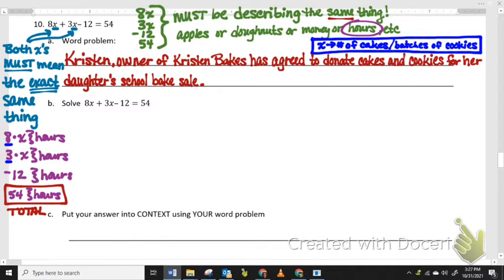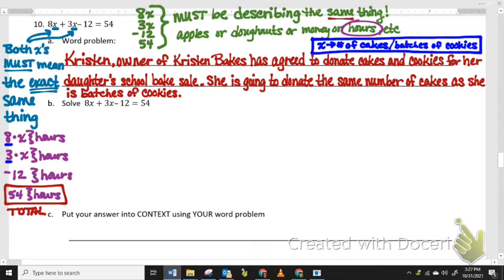She is going to donate the same number of cakes as batches of cookies. And that's a really important sentence right there, because right there in that sentence, I'm establishing that x means both the number of cakes and the batches of cookies, because she's going to do the same number of each. So now I have my x meaning the same thing in both spots there.